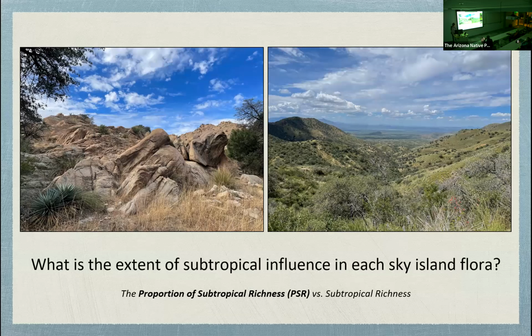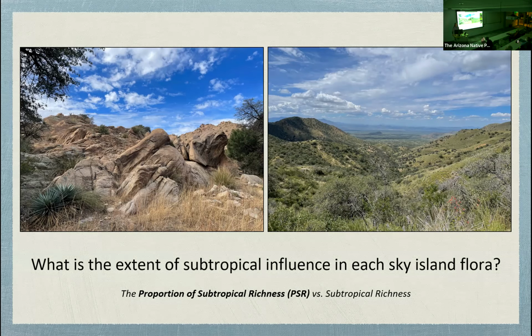So this is the big question here: what is the extent of subtropical influence in each Sky Island flora? This is the basis of the various analyses that we conducted. Initially, I was tempted to look at this just from pure species richness or subtropical richness, the total number of subtropical plants in each Sky Island.